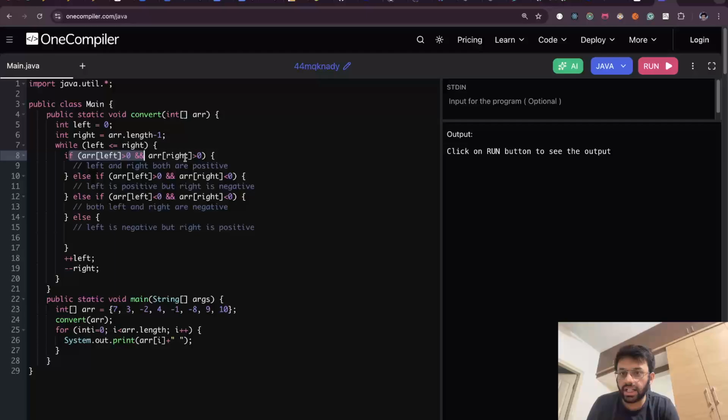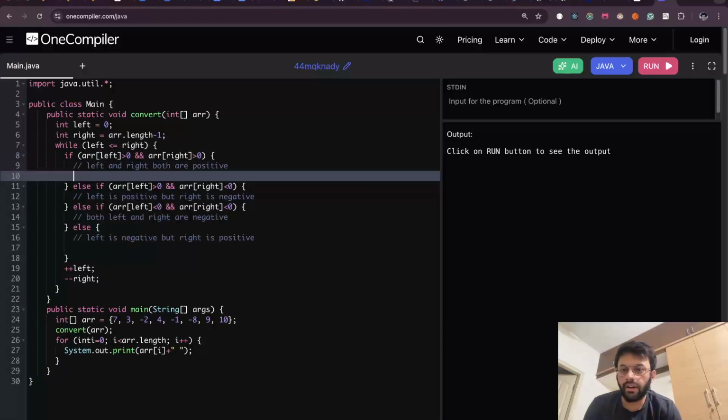So in this condition, right is pointing to a correct element which is valid, but left is pointing to a wrong element which is not valid. So what we'll do is, we will keep left as it is and we will move right. We will move right in hopes that if right also gets an element which is wrong, then both left and right will have a wrong element and we will swap.